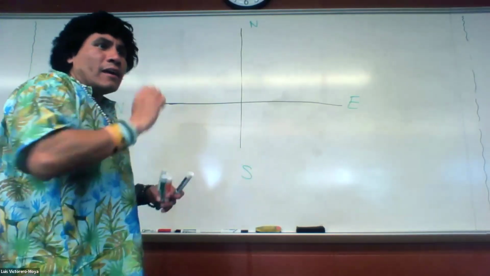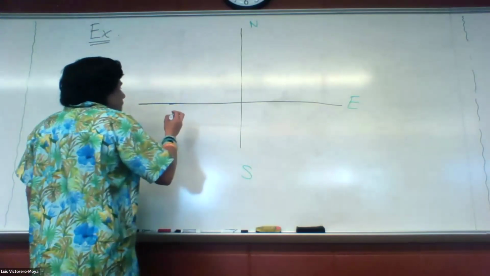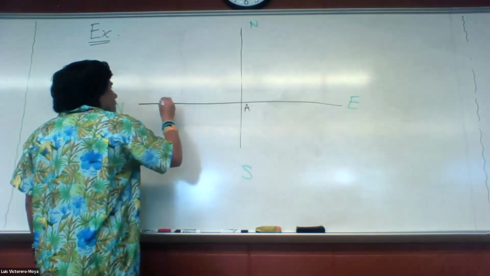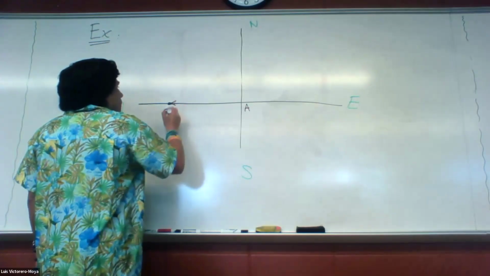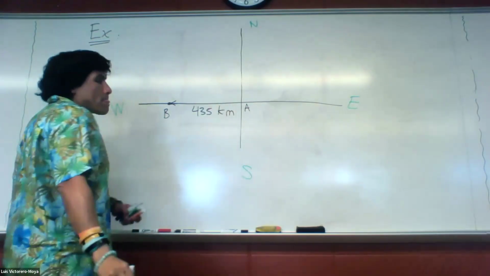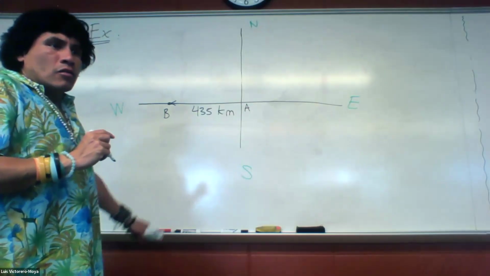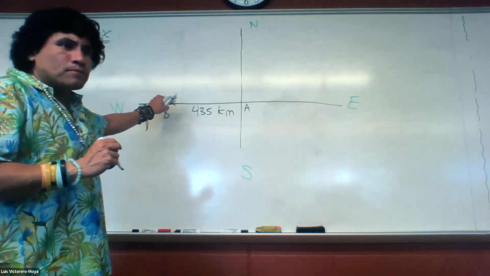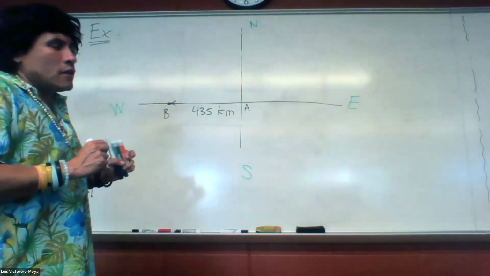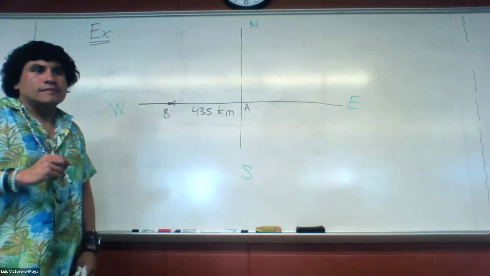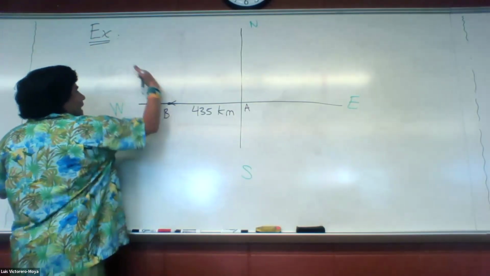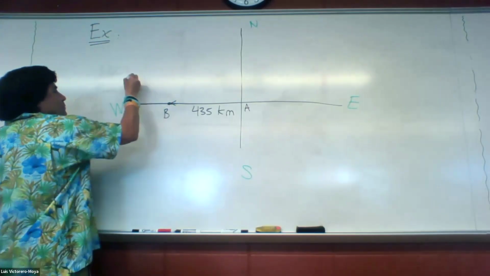It goes to B, traveling west, 435 kilometers. And then from B, it travels 25 degrees north of west from B to C. So 25 degrees north of west, like this.